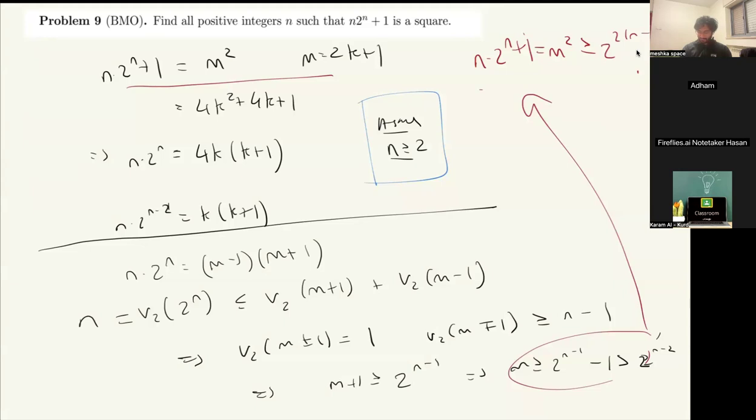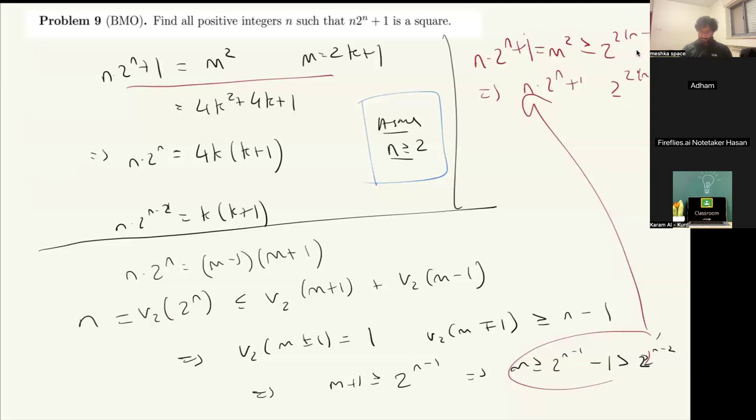So now it tells us that n times 2 to the n plus 1 is at least 2 to the twice n minus 2. And okay, so we can consider n bigger than or equal to 3. Okay, let's put n at least 3 then.